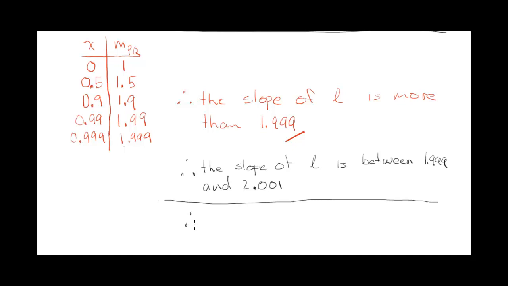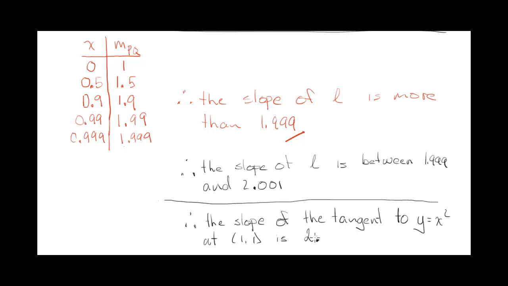So therefore, the slope of the tangent to y equals x squared at x equals 1 is 2, or at least approximately 2, and 2 is accurate to at least this many decimal places, at least one more decimal place. So we'll just say it's 2.